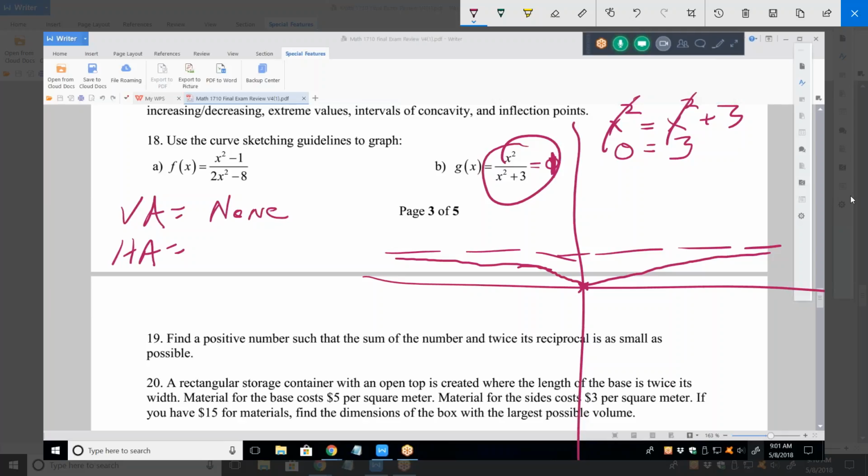We know the end behavior is going to approach that horizontal asymptote as we go to plus infinity and minus infinity. So the curve almost has to look like that. This was a much easier problem. Just to show you.